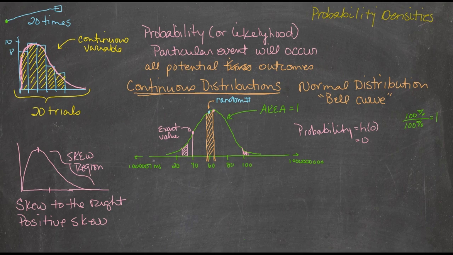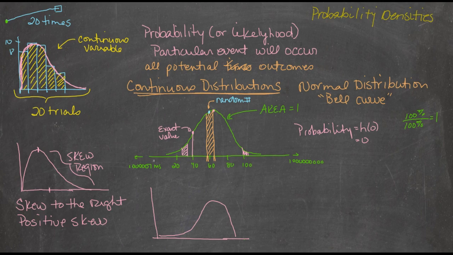So you can easily imagine that a skew that looks like this would be a left-hand skew, or a negative skew, because the skewed region is on the left-hand side, or toward the smaller numbers.